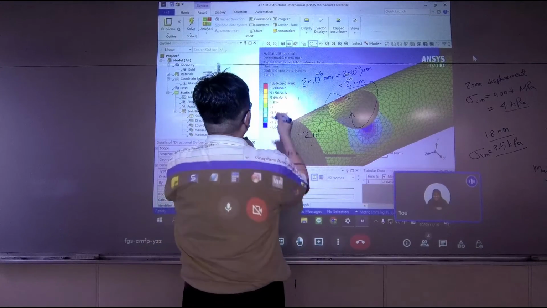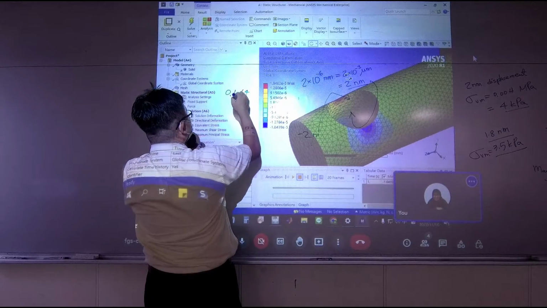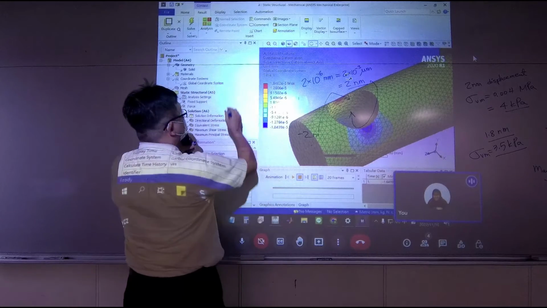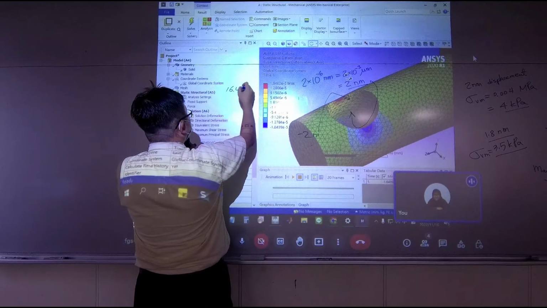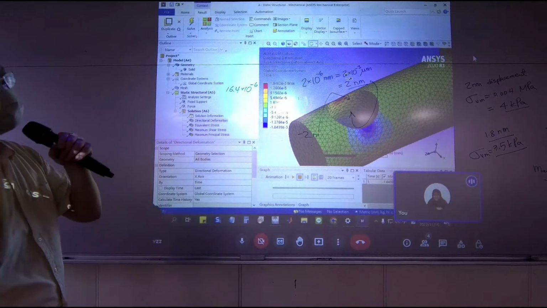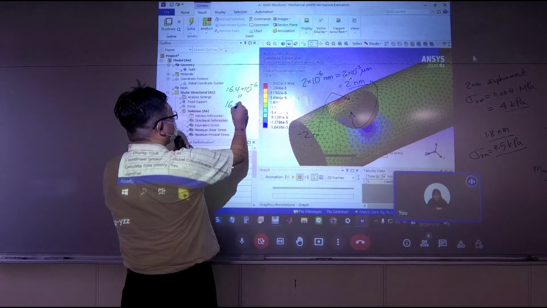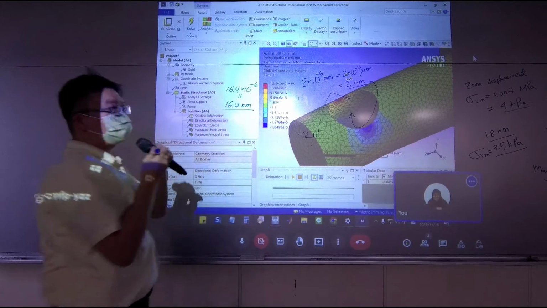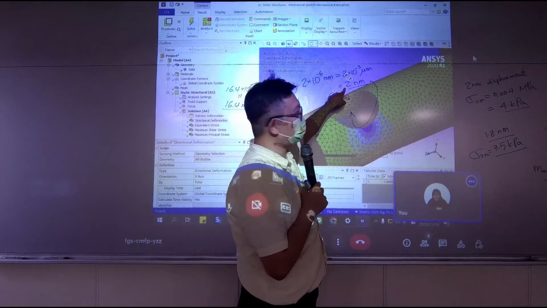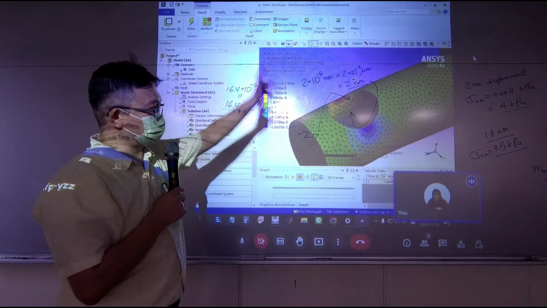So this is 1.64, so basically 16.4 times 10 to the power of -6. So this would be 16.4 nanometer. Originally, the maximum deformation was 2 nanometer. Now it becomes 8 times larger because you drill a hole.